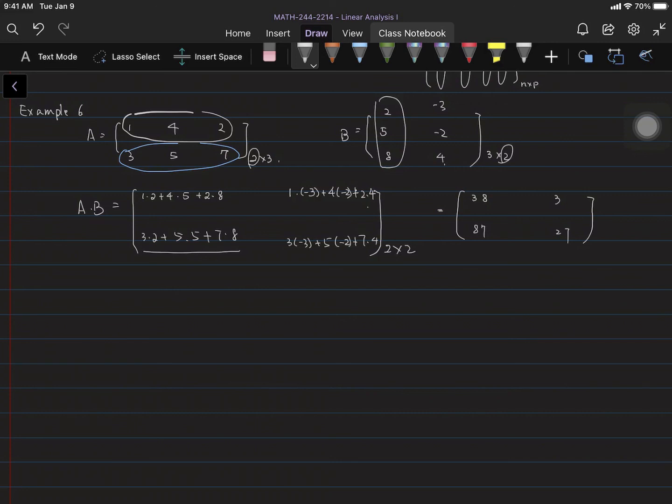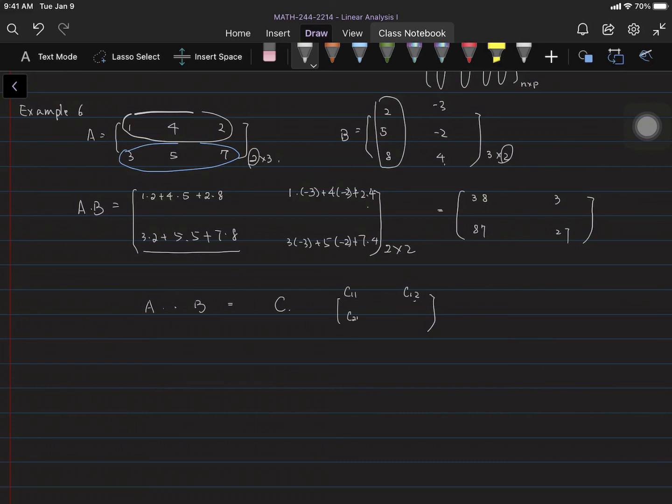You can also think of it this way: for a matrix A times B, we get a matrix C. For example, C11 uses the first row times the first column. C12 uses the first row times the second column.